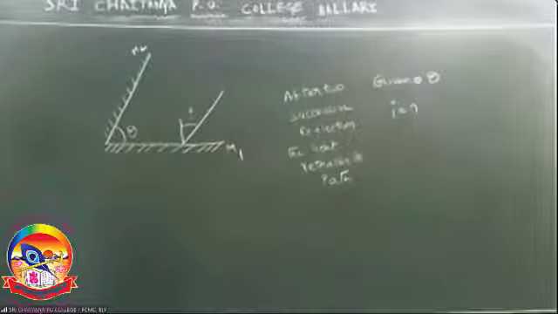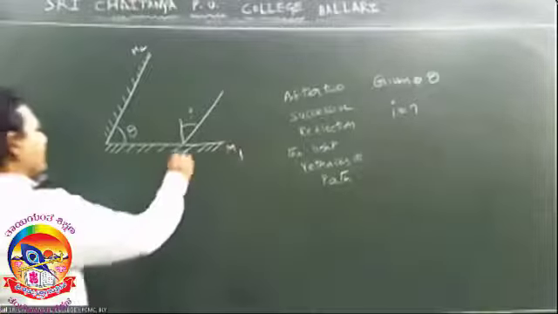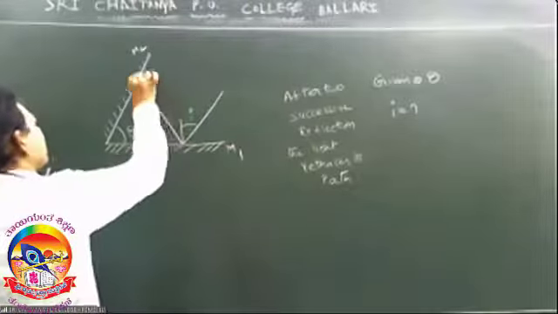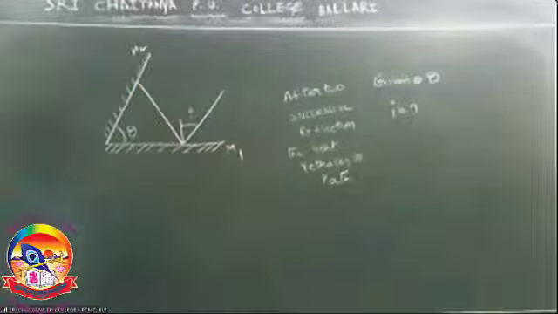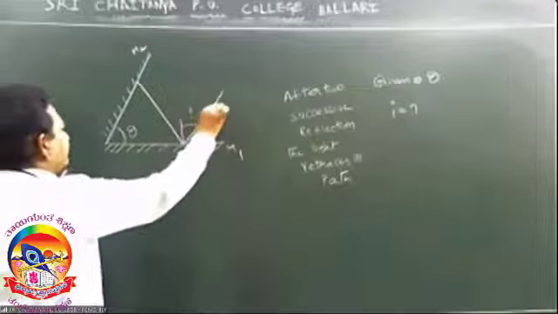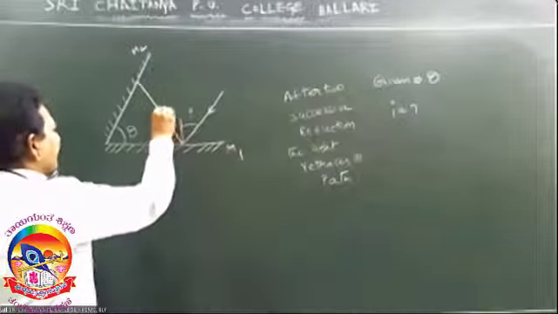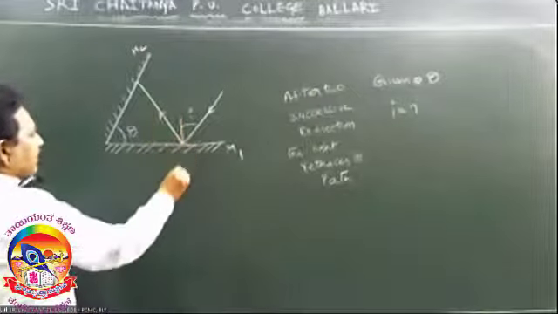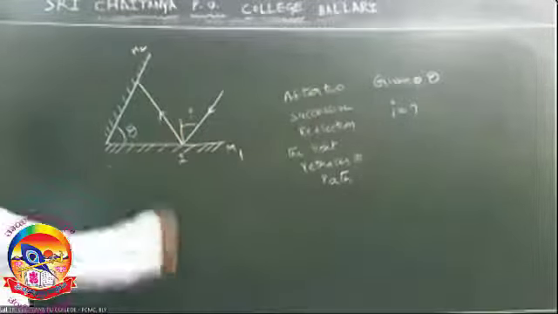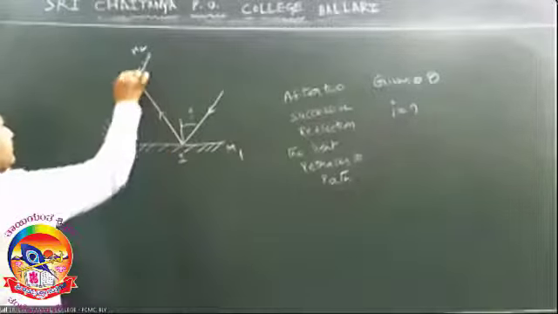After the completion of the diagram, we can't understand. Reflected back. Falls on the second mirror. This is the incident ray. This is the reflected ray on the first mirror, first reflection. This is the second reflection.